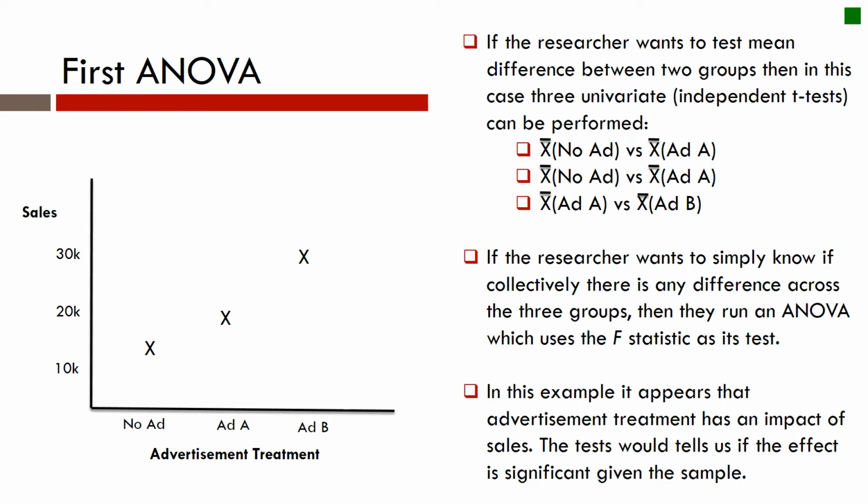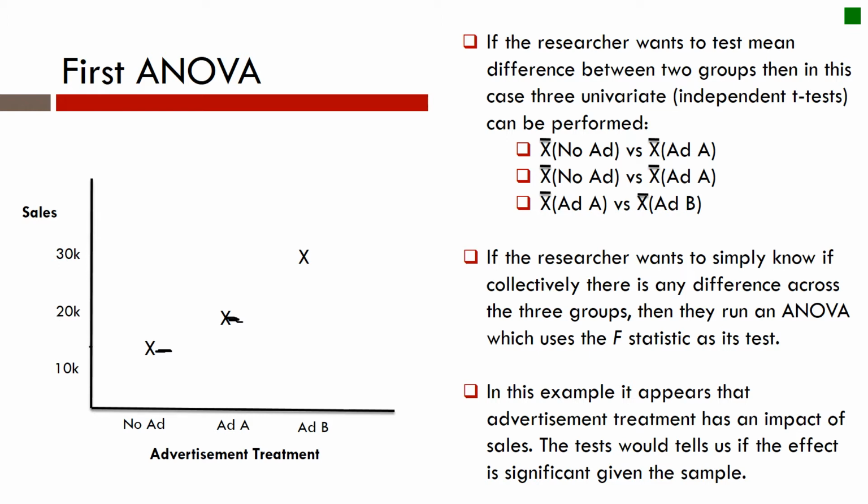In one test, we have no ad versus ad A. We would test the mean level of the group that did not see any ad to the mean of the group that saw ad A, and look at the difference.